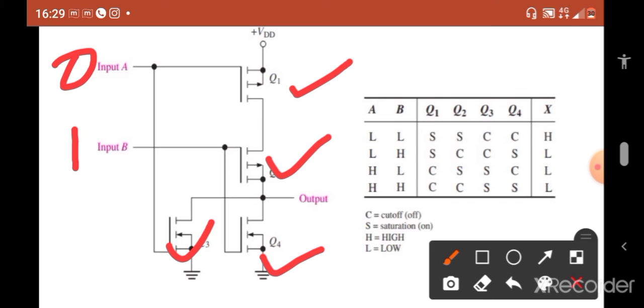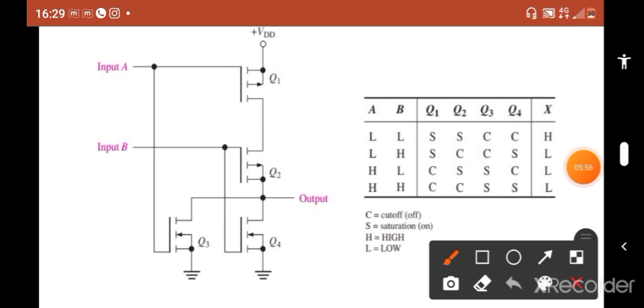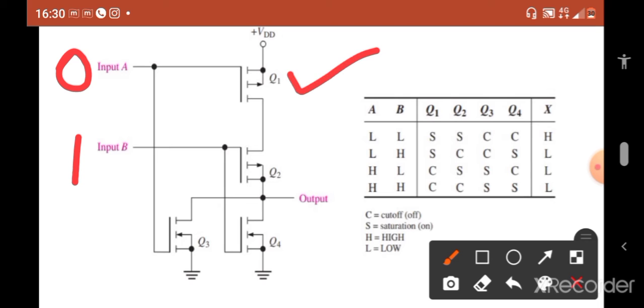When it is low here and high here, Q1 will be on and Q4 will be on.